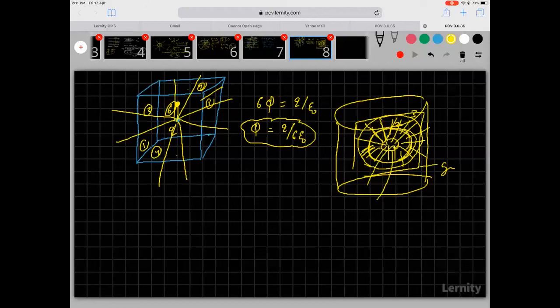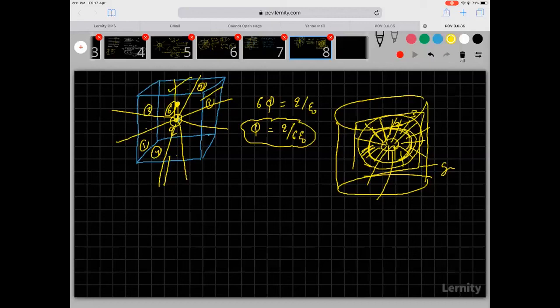So if you bring the same analogy here, the flux only depends upon the charge. If the symmetry is lost, the flux through this surface is more than the flux through this surface, but the flux through the side walls is still going to be identical, though we cannot say it is going to be the same, it will be different. But still the total flux will be the same.